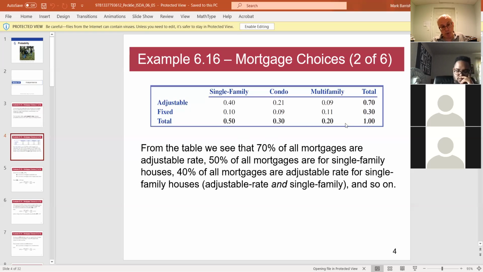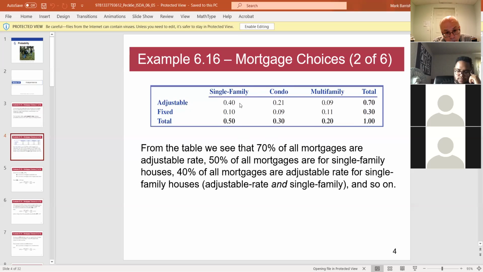All right. So many times these tables will have relative frequencies in here, which relative frequency and probability, you could say, mean the same thing in this case. Or you can actually have the actual frequencies. You could have the actual counts here. So you could have the total number of people in the study that had adjustable mortgages for single-family homes.